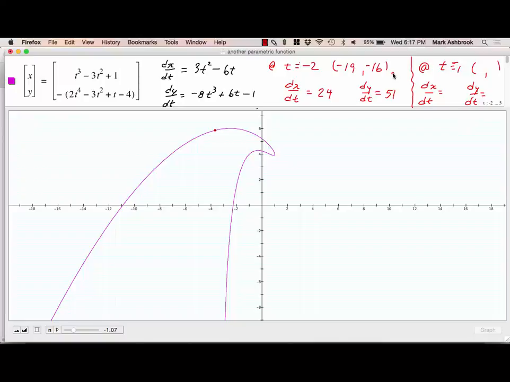That's the point we got on the graph for when the parameter is negative 2. So now, what about 24, 51? So dx dt is 24, dy dt is 51. What do these numbers mean? So for every change of t of how much?